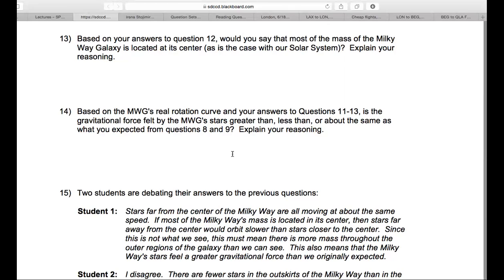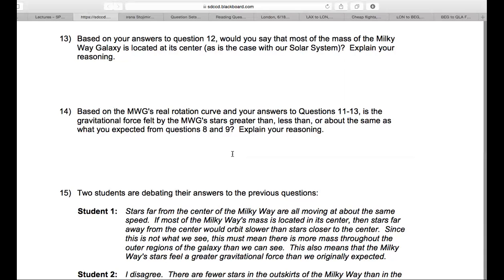So the reasoning, using the analogy with the solar system, is really good, because you can understand how the planets are moving slower and slower as you move away from the sun. The analogy is that when you look at the galaxy, most of the mass is inside of the bulge, like most of the mass in the solar system is in the sun.